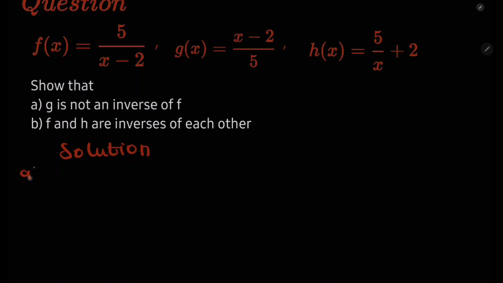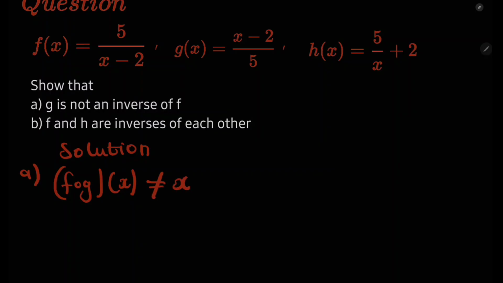Let's take the first question, that is to show that g is not an inverse of f. To show that g of x is not an inverse of f, we need to look for the composition f of g of x, and we need to show that this composition is not equal to x.